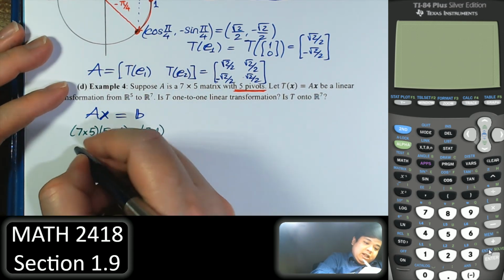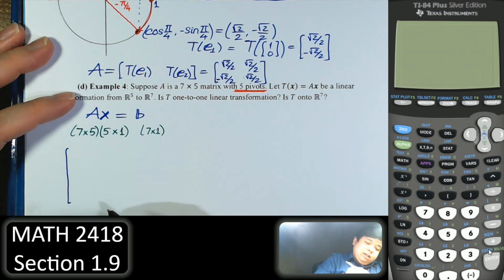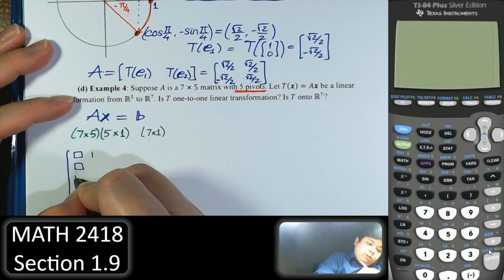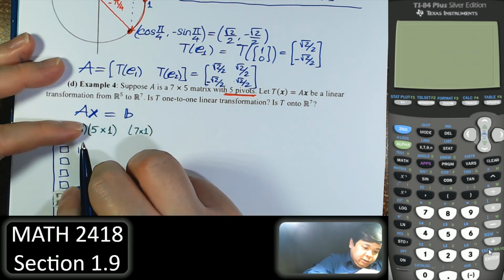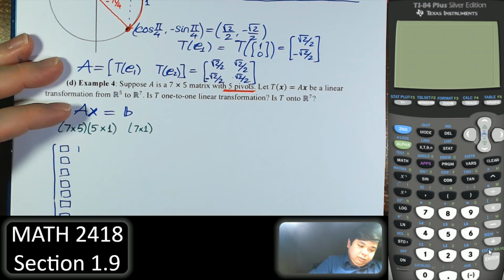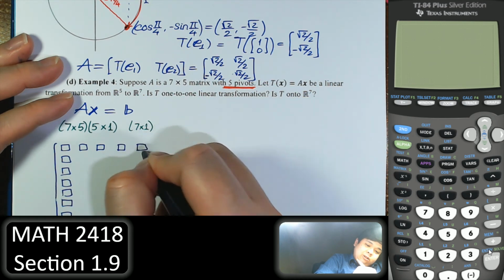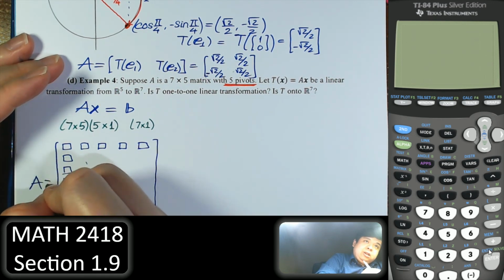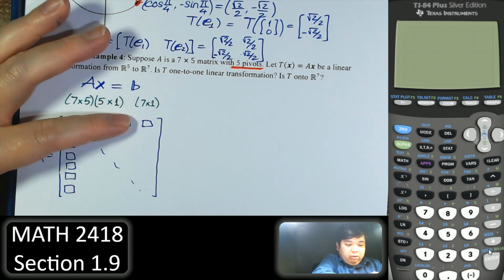So we have 1, 2, 3, 4, 5, 6, 7 rows and 1, 2, 3, 4, 5 columns.